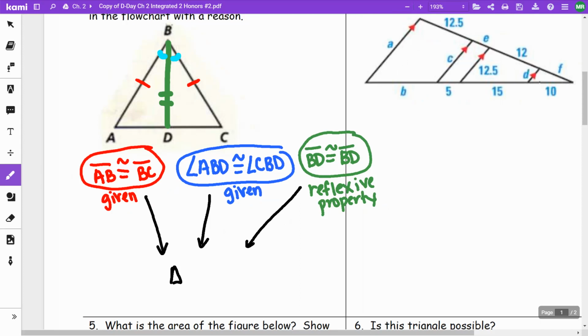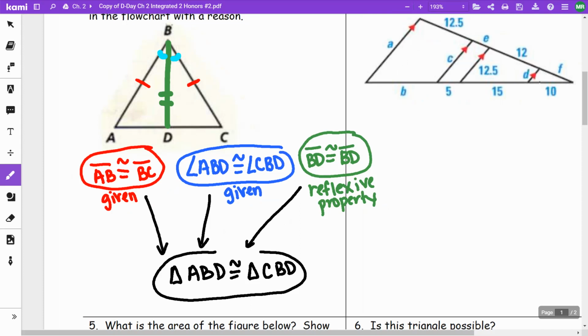So I'm going to call the first one triangle ABD, for example, and I'm going to say that's congruent to CBD. And I'm going to give the reason: side angle side congruence.